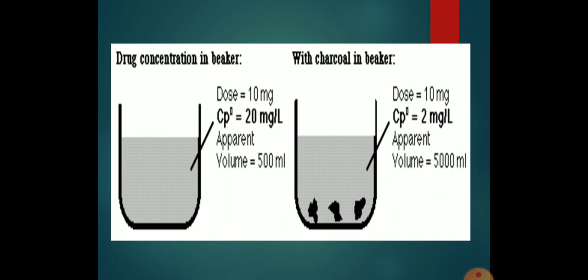The term T-half we'll discuss later, but by the term T-half we mean the time by which concentration of a drug declines by its half, and plasma T-half means the time by which the plasma concentration of a drug declines by its half.